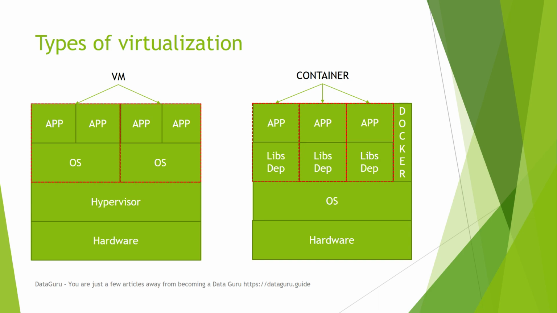Another reason why we can't immediately migrate everything to containers is that we have tons of legacy applications which are not designed to be run in containers. So we need to allow some time to migrate from traditional servers or virtual machines to containers.